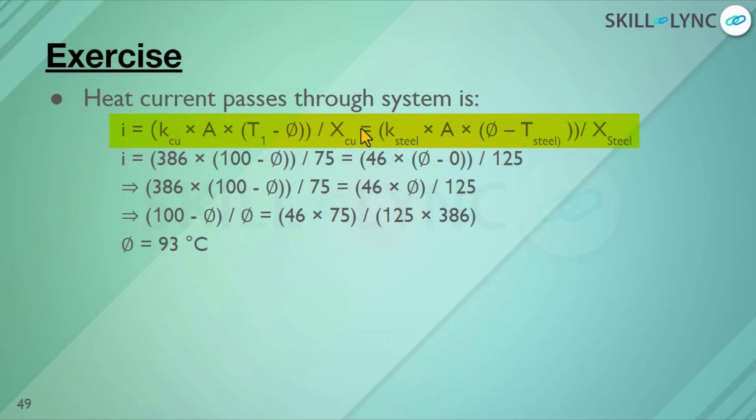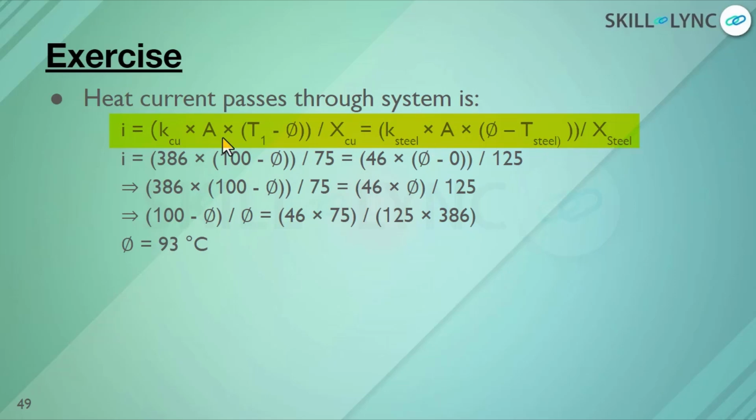This is equal to the thermal conductivity of the steel rod multiplied by the area of cross section of the steel rod multiplied by the temperature at the junction of steel and copper rod minus the temperature at the end of the steel rod, divided by the length of the steel rod.